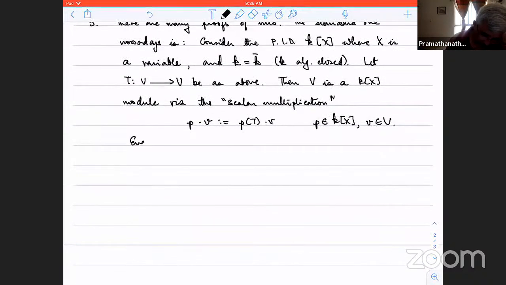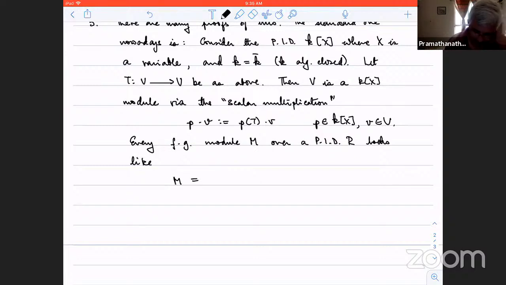Every finitely generated module M over a PID R looks like a direct sum of cyclic modules.